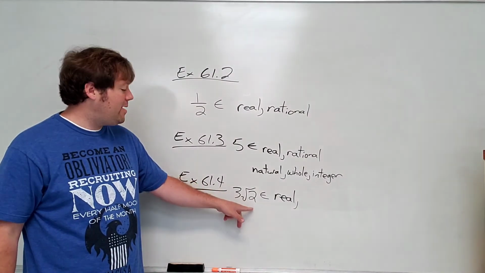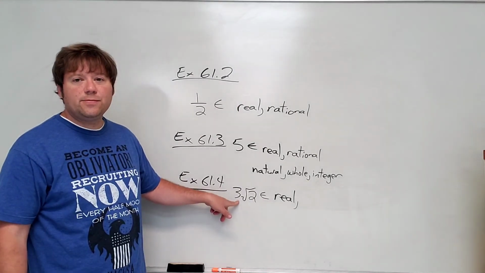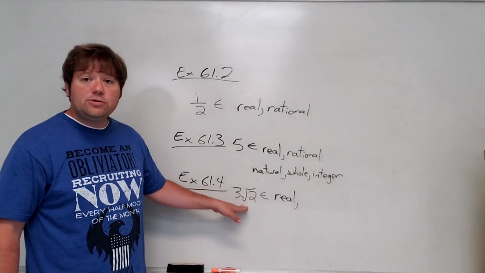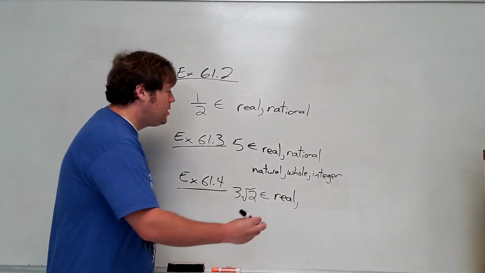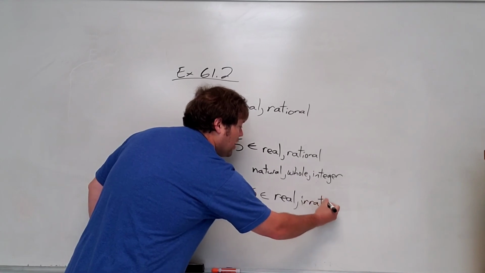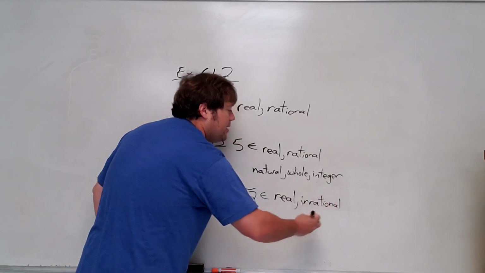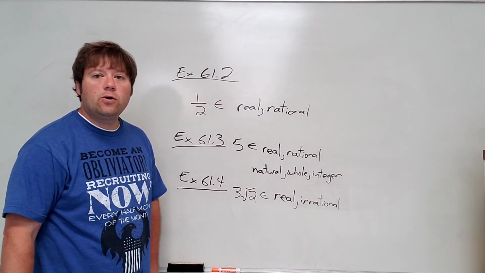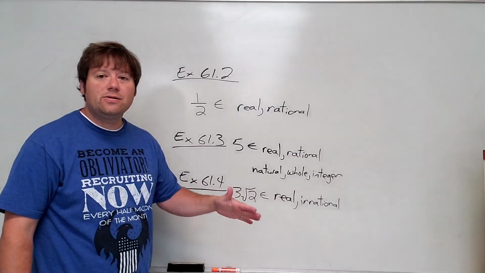It does not repeat. And even if you multiply it by something, it's still going to be a decimal that goes on forever and does not repeat, which means it can't be written as a fraction, which means it is irrational. And irrational numbers cannot be natural, whole, or integer, so we don't need to worry about those. If it's irrational, that's it.